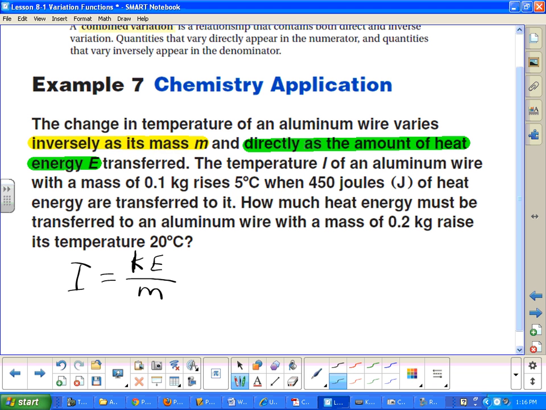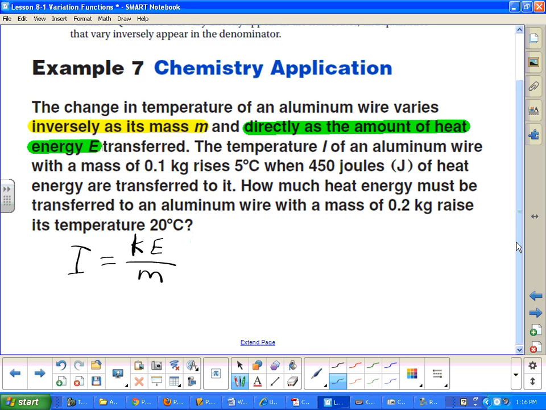So it says the temperature I of an aluminum wire with a mass of 0.1 kilograms rises 5 degrees Celsius when 450 joules of heat energy are transferred.